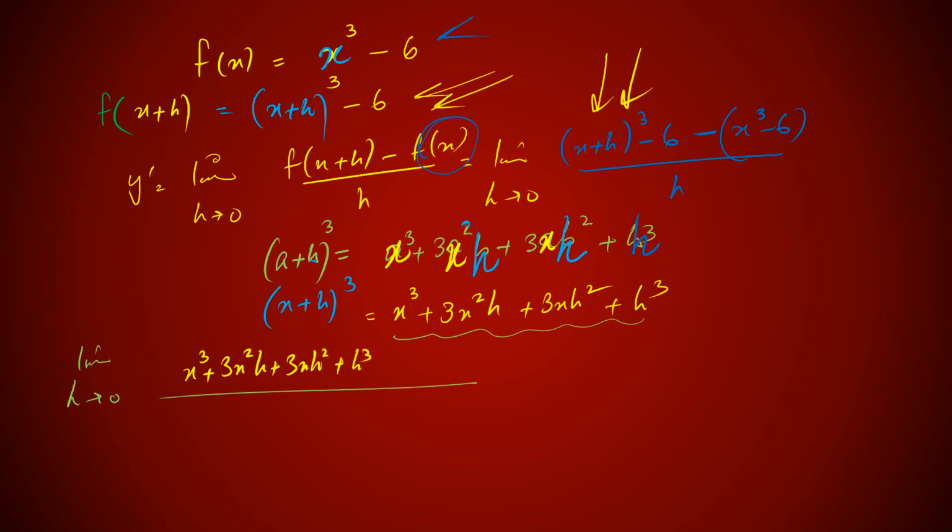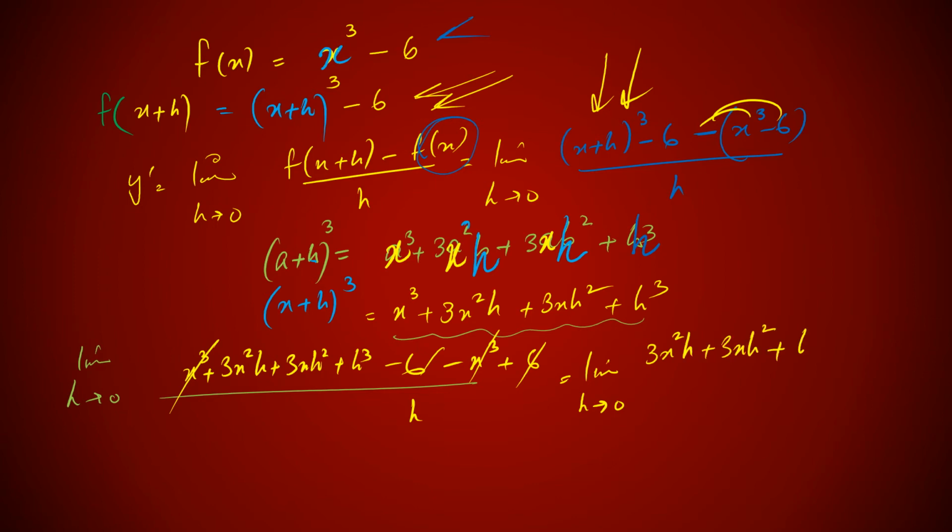Then minus 6 is written. Open the bracket with the negative sign. You will get negative x cube plus 6 over h. Negative 6 and positive 6, and negative x cube and positive x cube cancel out. What is left? We have 3x square h plus 3xh square plus h cube whole upon h.